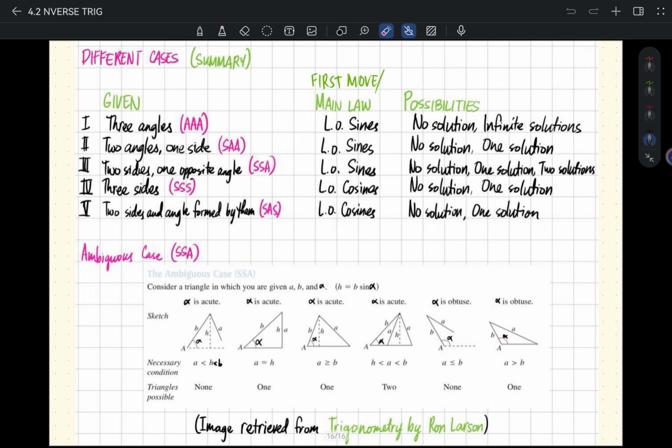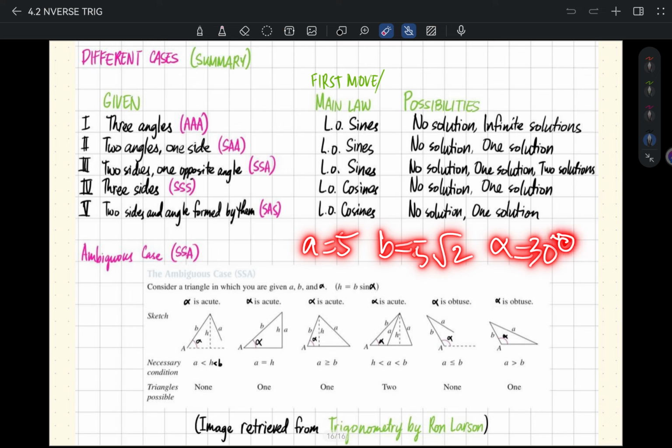The reason why I did not do this is because there's another computation that you need to worry about. The case finding H, which is B over sine alpha. And in the third example, we had A equals 5, B equals 5 square root of 2, alpha equals 30 degrees.